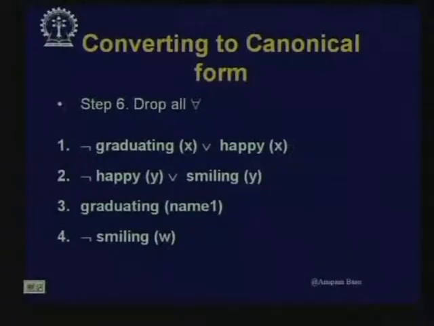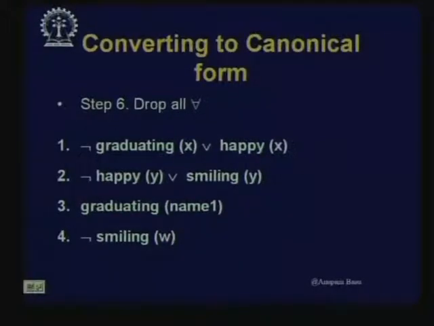So, what is left is just the universal quantifier, and all these clauses are therefore now implicitly universally quantified. So, I need not specify them any further, and so I can simply drop them. And as I drop them, I get these clauses.